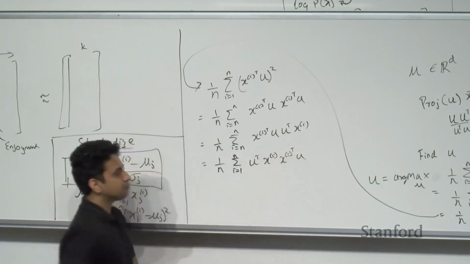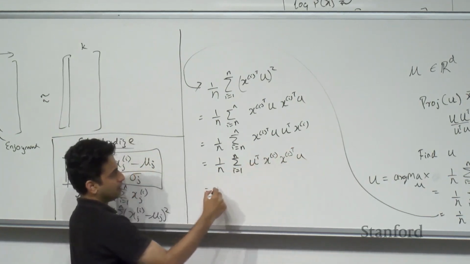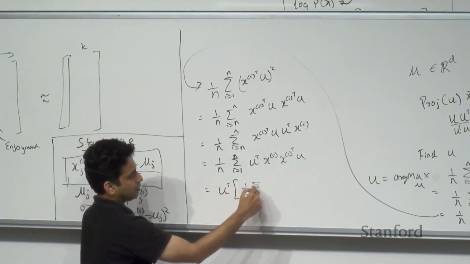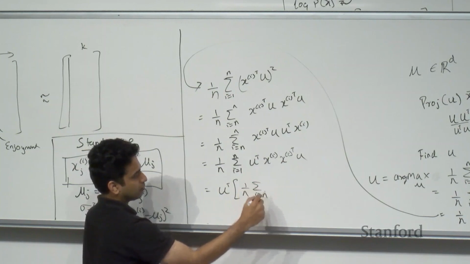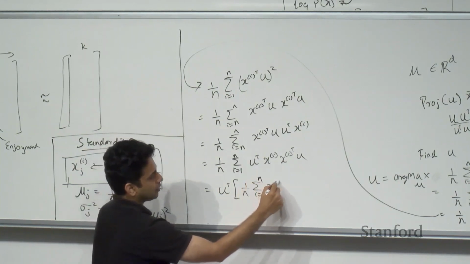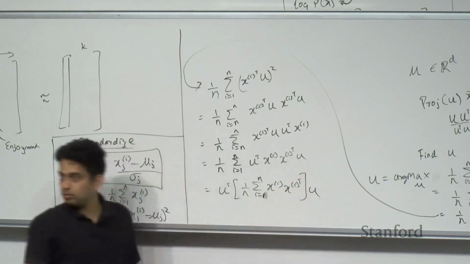Then you can take the u common out of the summation, and that gives us u transpose, 1 over n sum i equals 1 to n xi xi transpose, u.